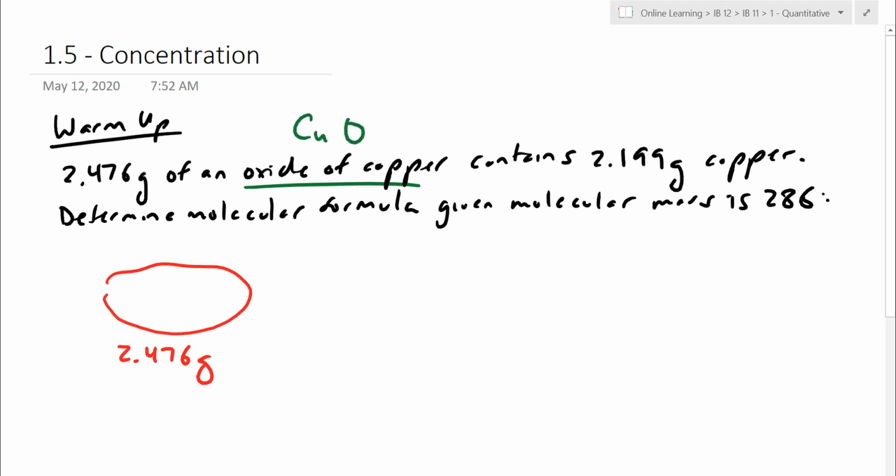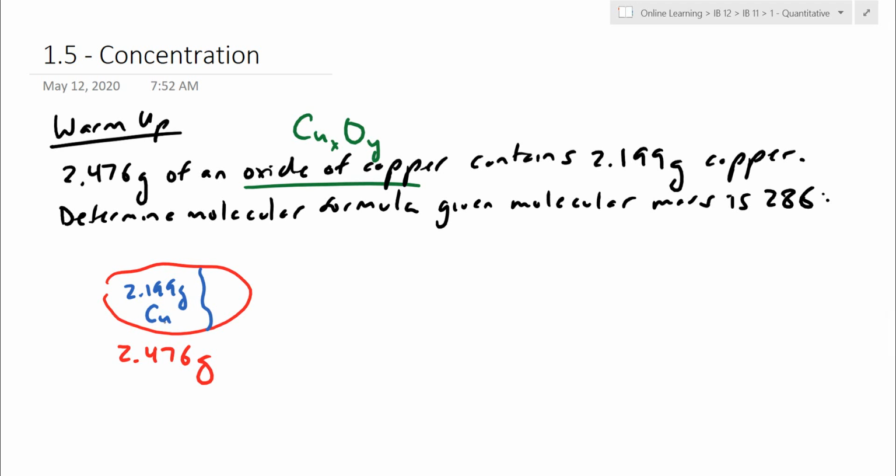You'll notice I put the metal first. What we're interested in first is the empirical formula. I want to know CuxOy. I want to know the ratio between Cu and O represented if 2.199 grams is actually copper. Like we mentioned yesterday, it may not necessarily be all the copper on one side, but just for easy drawing, I'm just going to put them all on this side here.